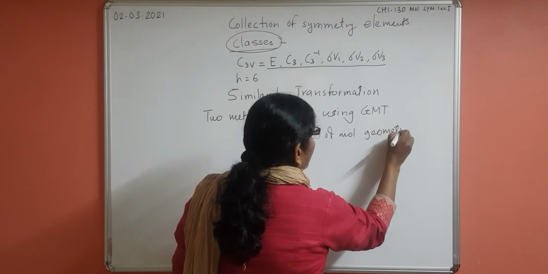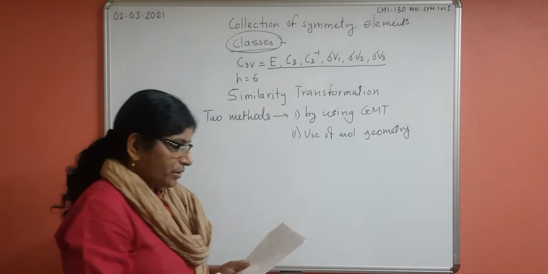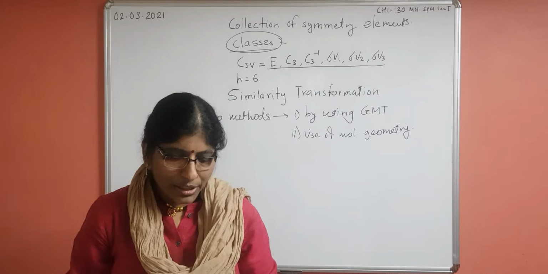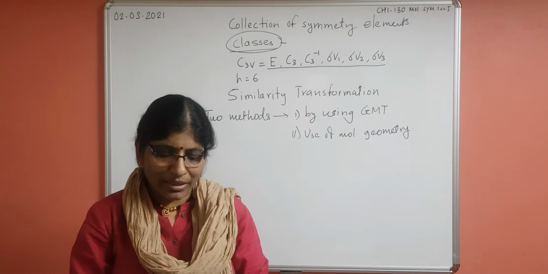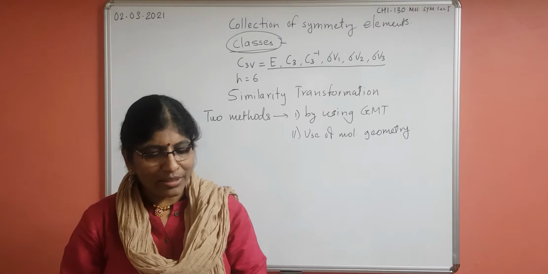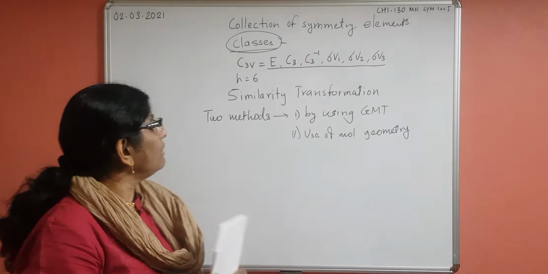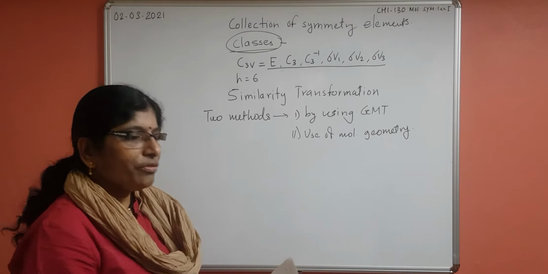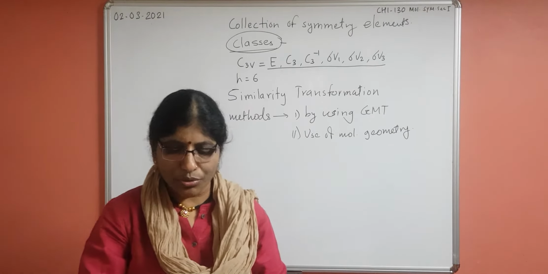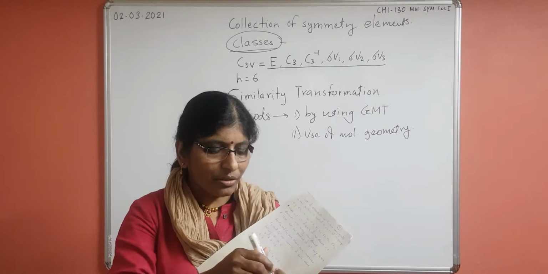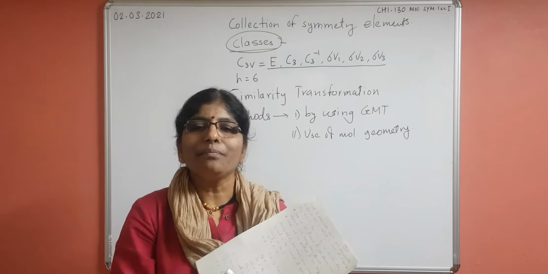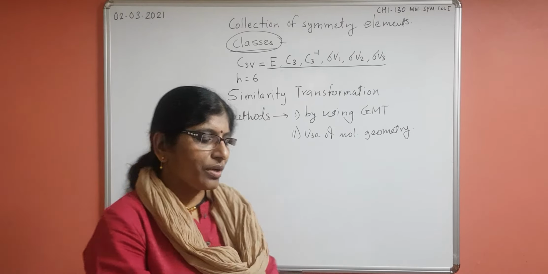So by using molecular geometry we can confirm, and we can even confirm whether we have prepared our group multiplication table completely and correctly or not by these methods. The first method is by using the group multiplication table, which is provided in the question paper, so no need to mug up. Or you can have a structure of any point group as an example, and with different drawings you can do that.